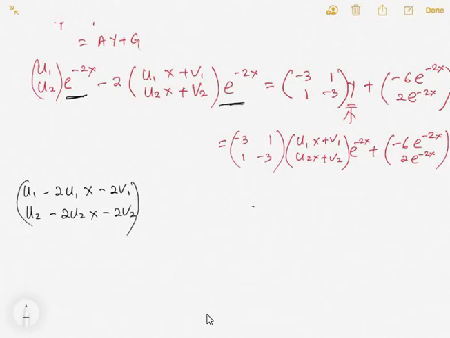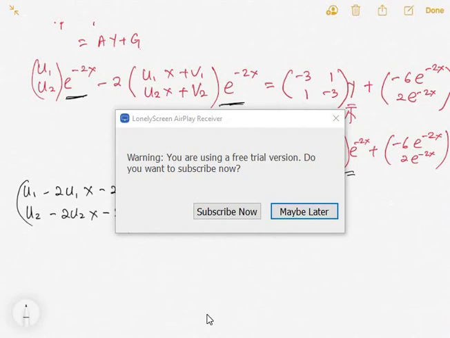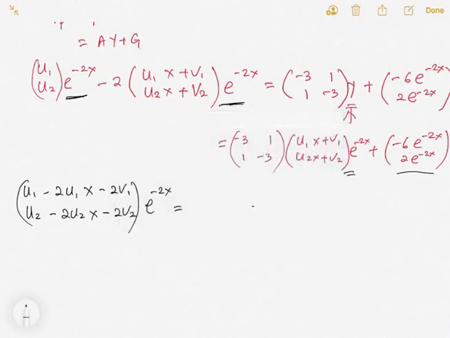Okay, so this part is for the exponent negative 2x equal to, okay, here also have exponent negative 2x. Then it should be equal to, so you have the exponent and exponent here, so you just combine the exponent.